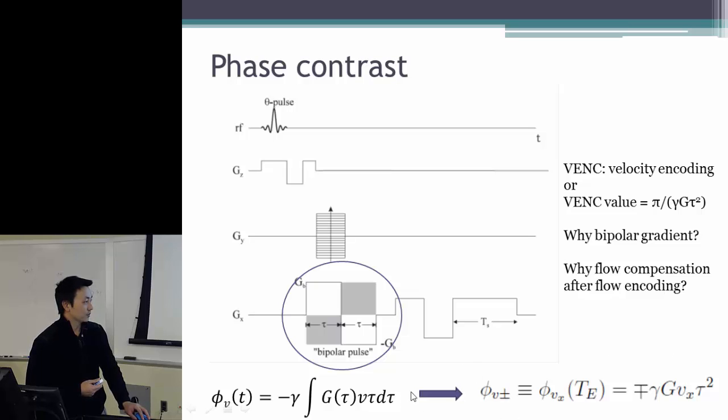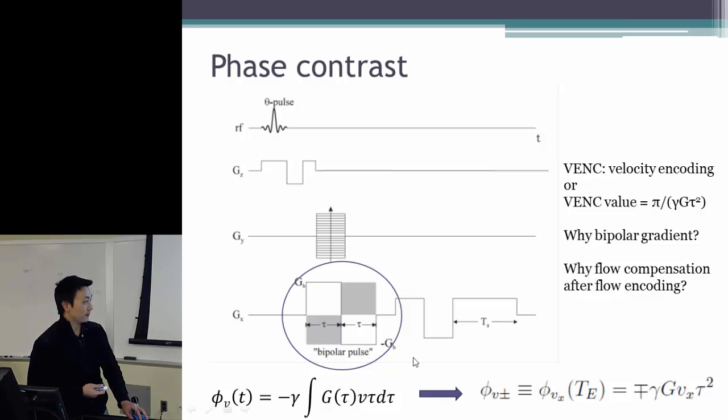So the result, by solving this problem for the bipolar pulse scenario, we can get that the phase induced by a constant velocity will be simply gamma g multiplied by the velocity and the square of the duration of the gradient.